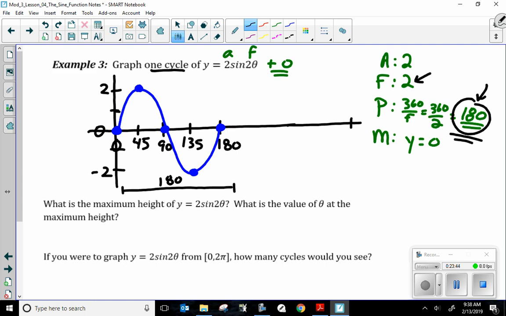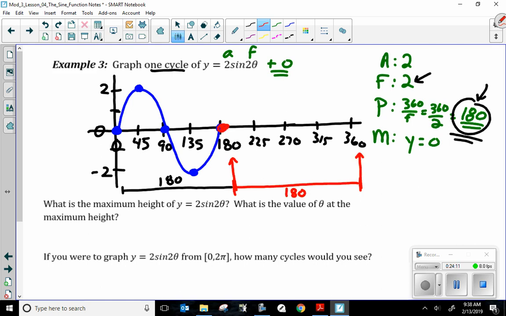So if I were to graph this at 360 degrees, half of that's 270, and this is going up by 45. You see that? So this would be 225. This would be 315. I'm going to do this in a different color. Now my next one would start at 180, and one cycle is 180 degrees, right? So from 180, going out another 180 degrees would take me to 360.